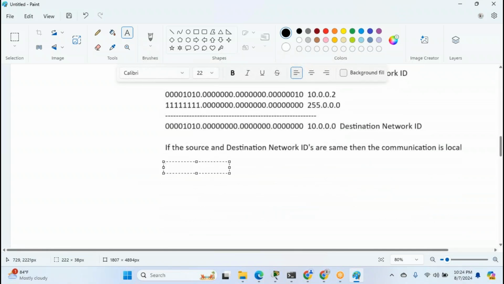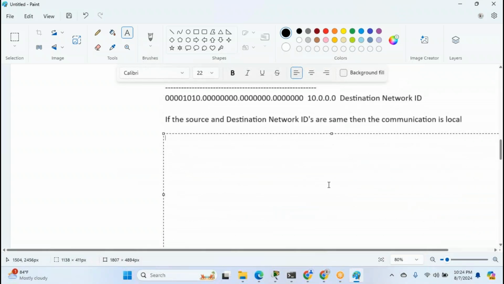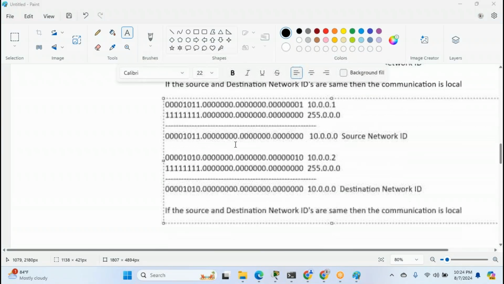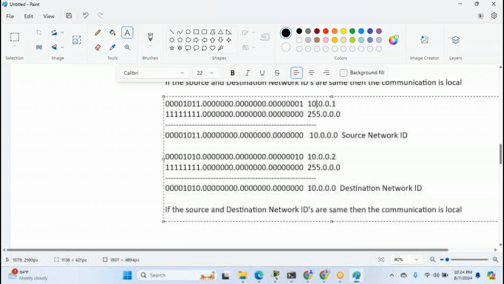Let's say we have another communication. In that communication, I'm going to make it 11. So it will become 11.0.0.1. When multiplied, it will become 11.0.0.0. The destination, let's make it 10.0.0.2, so this time 11.0.0.0 and 10.0.0.0.